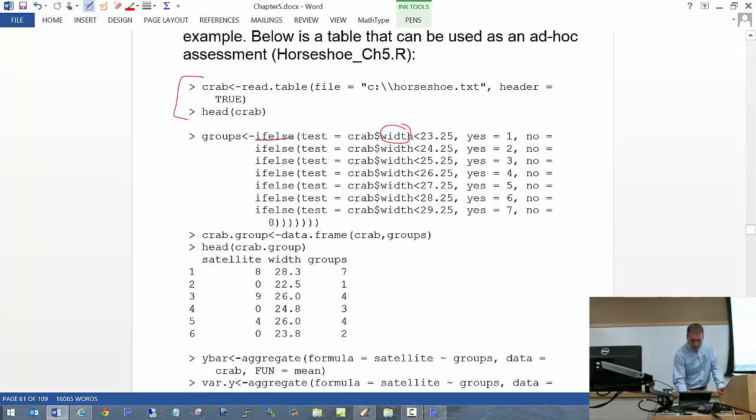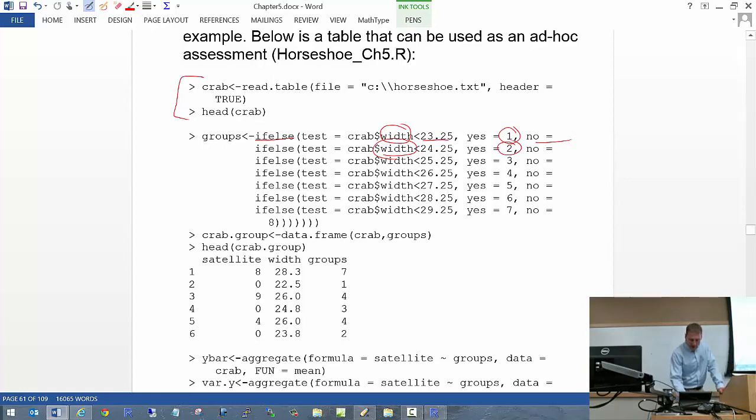If my width is less than 23.25, then put it into group 1. Otherwise, let's keep on going. If my width is less than 24.25, put it into group 2. And then you keep on going throughout. I decided to do 8 groups. So let's put my data into groups.